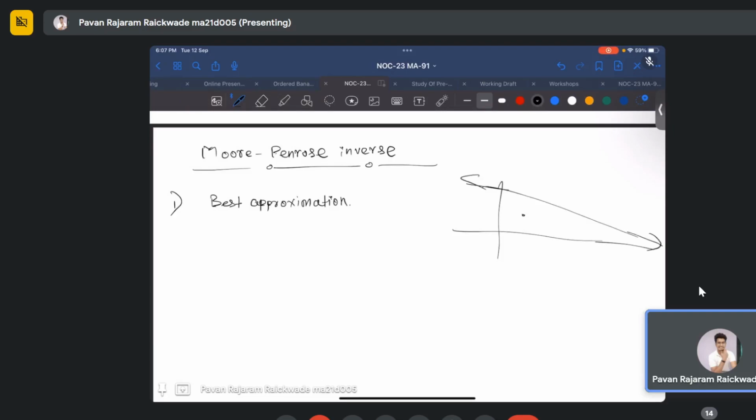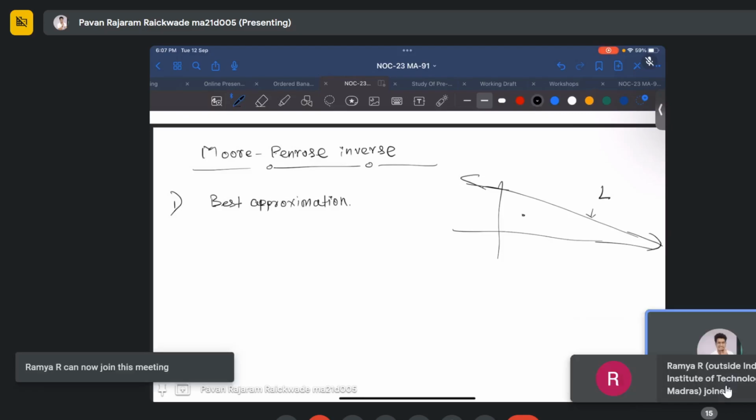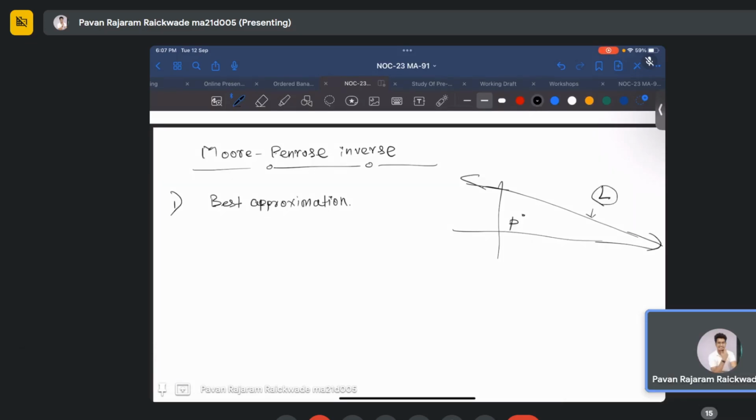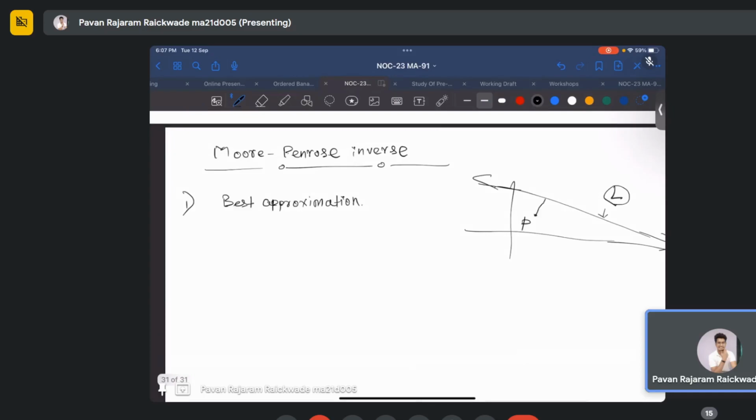I'll call this line L. Give me a point on this line which is closest to this point, let's say P. I want a point on this line L which is the closest or nearest to point P. How do you calculate this? You put a perpendicular from point P on this line, and this will be your point, right?